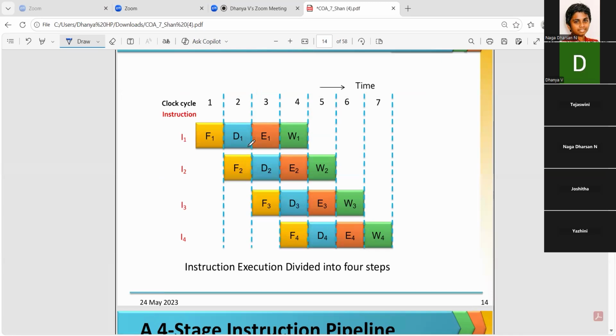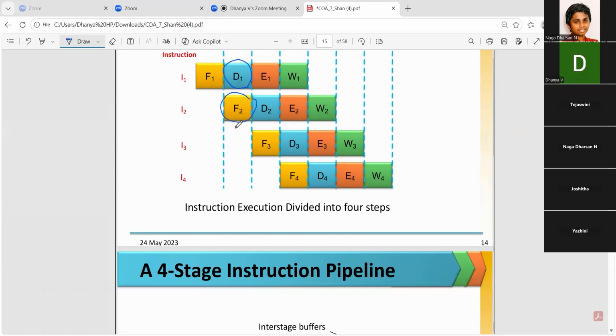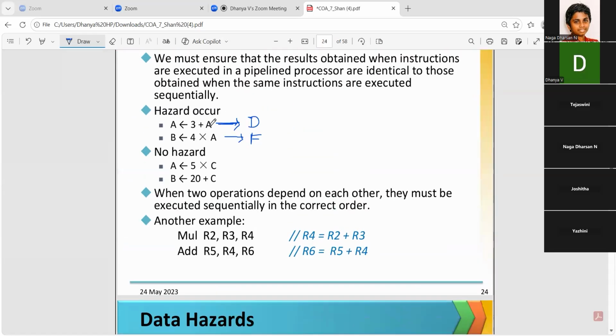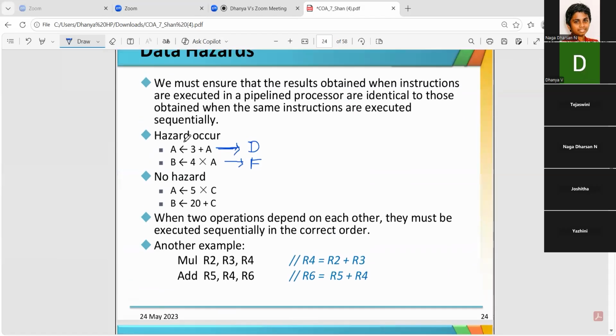If you see there, the decoding and the fetching are happening at the same time. If that happens at the same time, you can encounter some kind of data inconsistency. The decoding stage, what was the first instruction? It was A is equal to 3 plus A, and then B is equal to 4 into A.